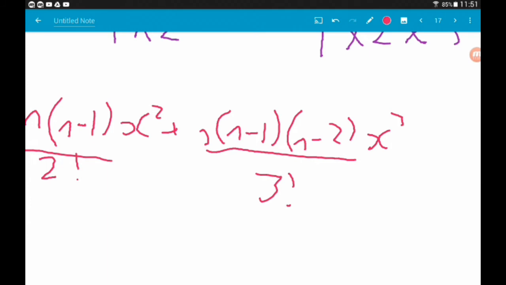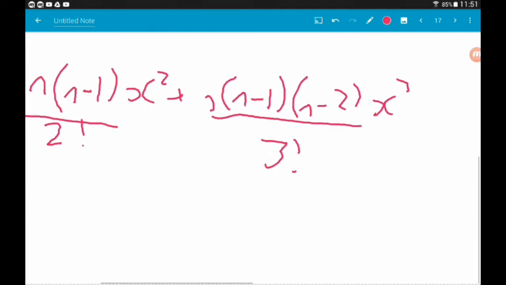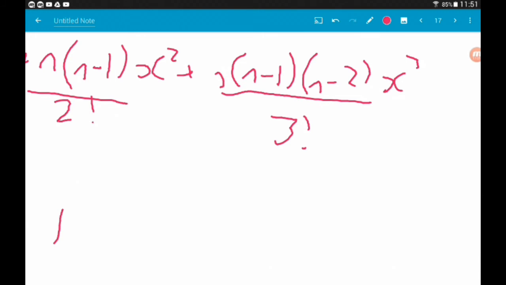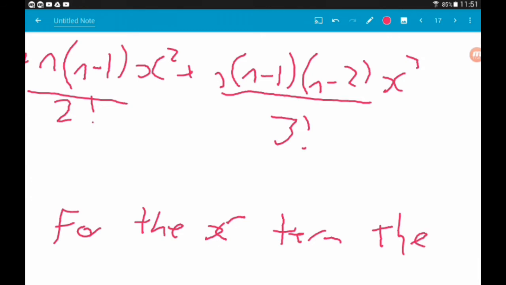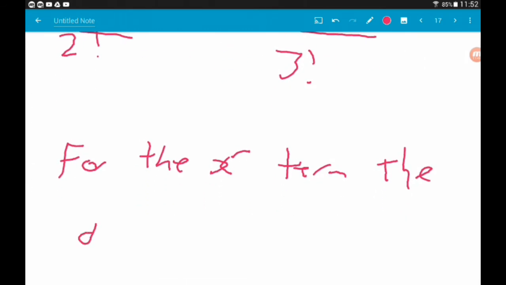If we call our power of x r, so for the x to the power r term, the denominator is that power factorial.